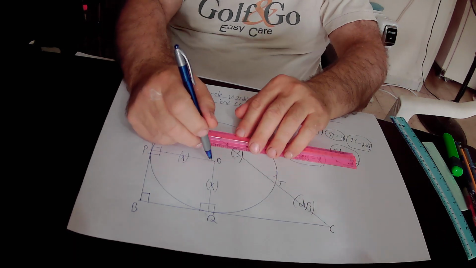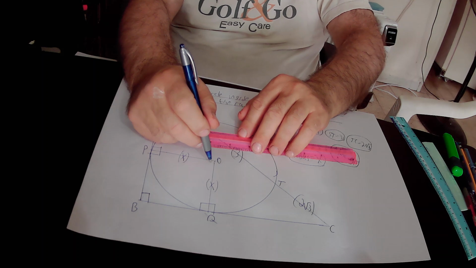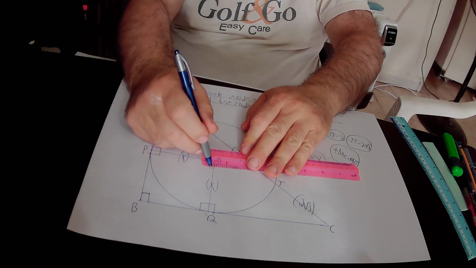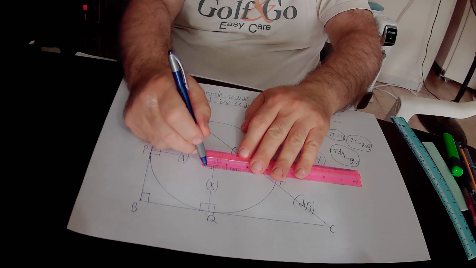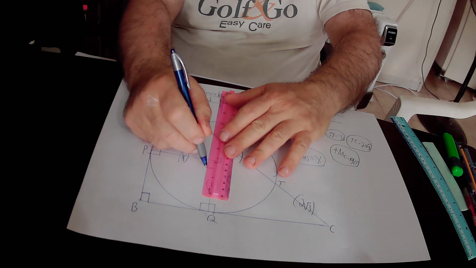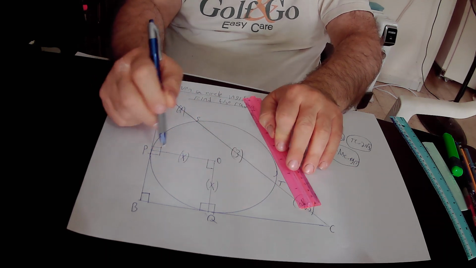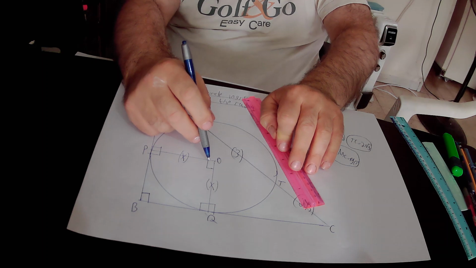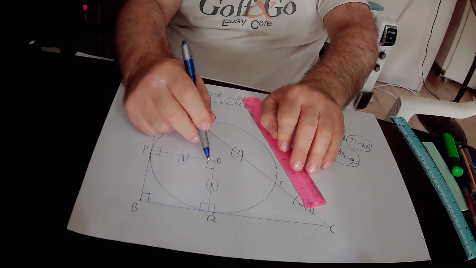Therefore, the missing fourth angle here must be equal to 90 degrees in its size, in order to complete the sum of the angles inside this quadrilateral POBQ to 360 degrees.